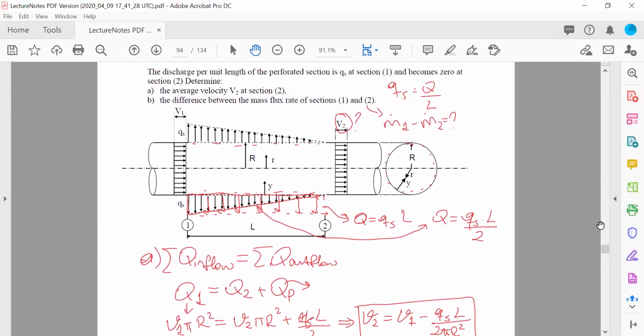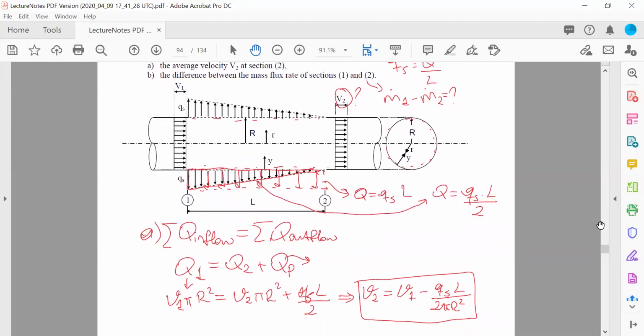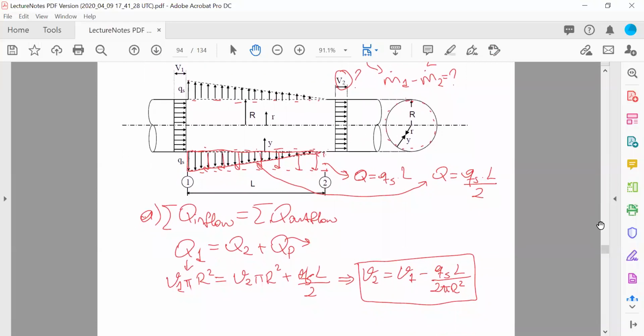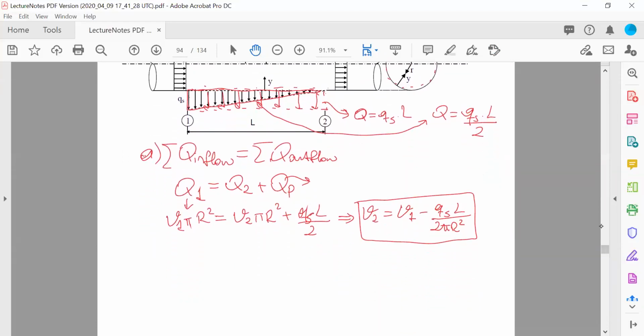What about part B? It said that the difference between the mass flux rate of sections 1 and 2. If you write mass continuity equation, just like volume continuity equation, mass flux inflow summation will be equal to mass flux outflow summation, so that mass flux at 1 equals mass flux at 2 plus mass flux at the perforated section.